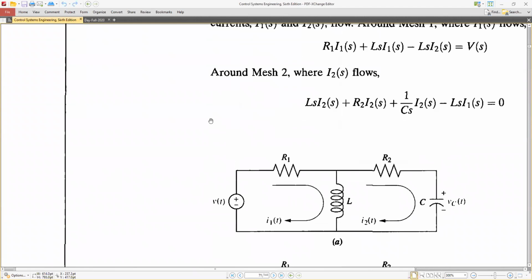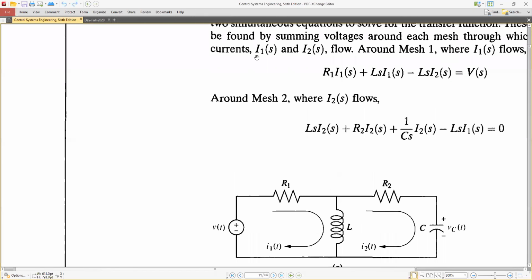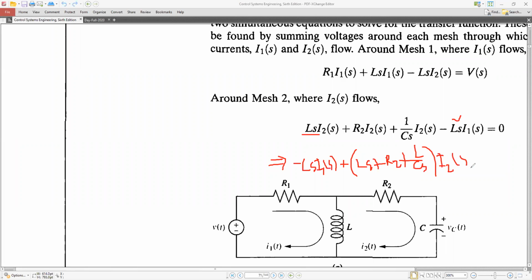Just take the common, like here. What you can write in this equation: if we consider I1s, so minus Ls I1s, and what are the I2s? Ls plus R2 plus 1 over Cs, that is the I2s, that is 0, like this.